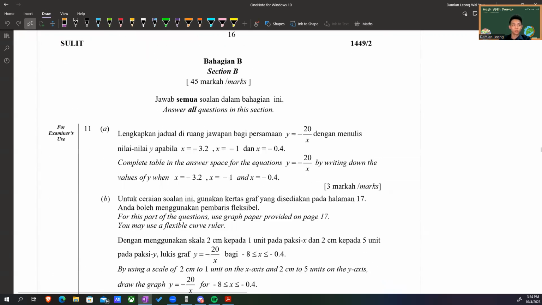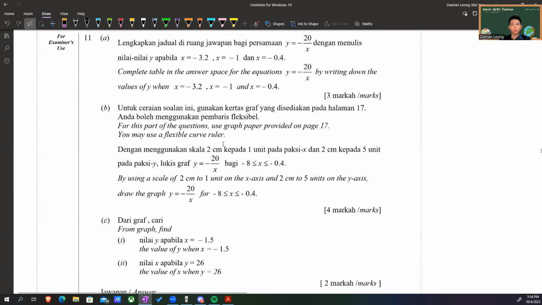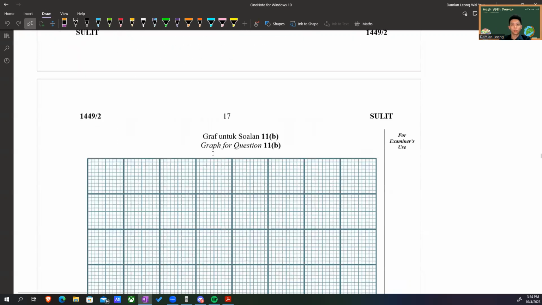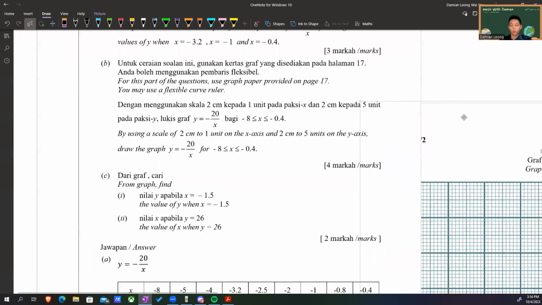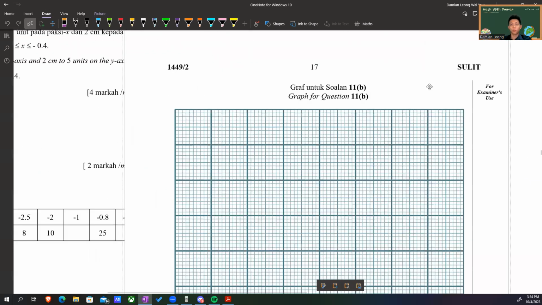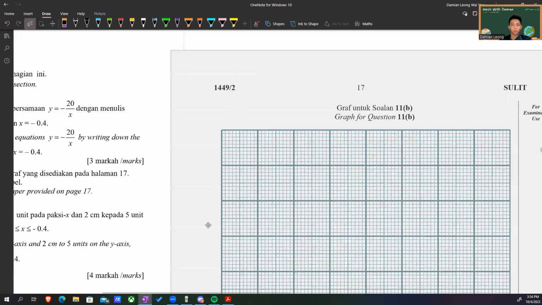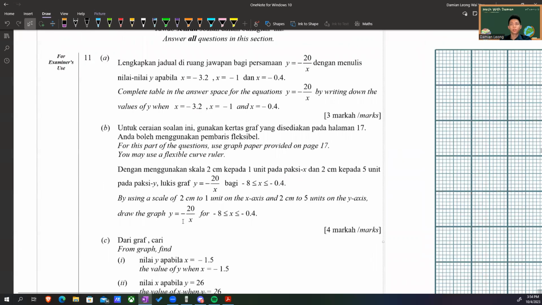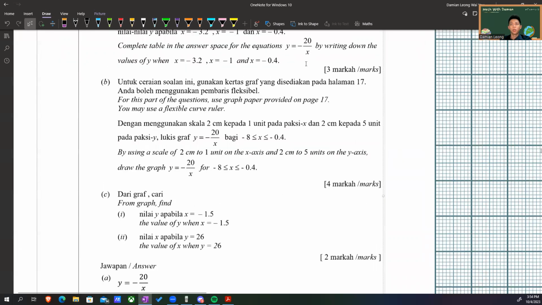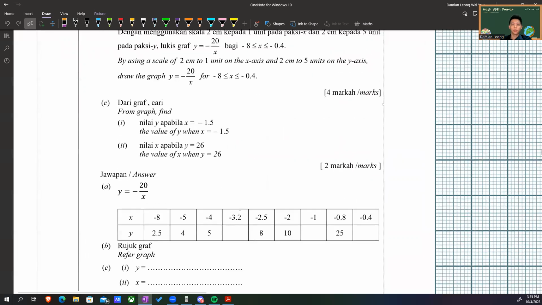Okay, then question 11. Here I need to draw a graph. Let me shift this graph here. First things first, we need to fill up the table according to this equation, y equals -20 over x. Just substitute the value of x into the y function.